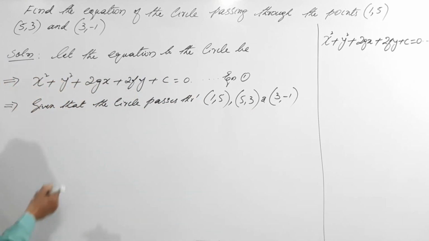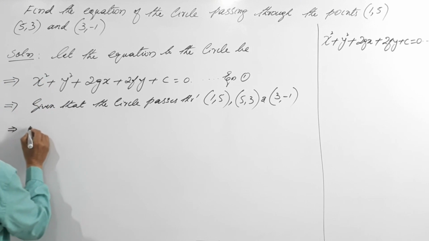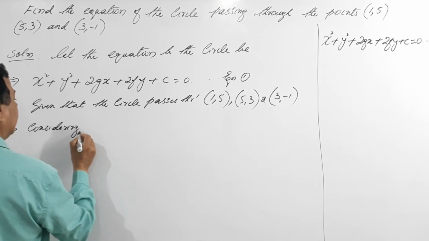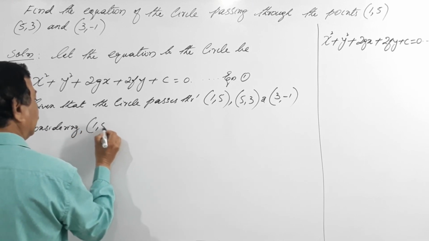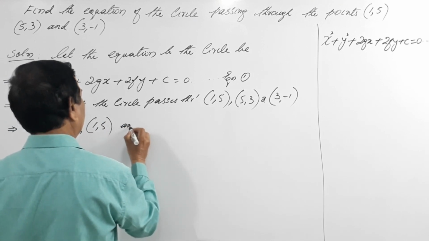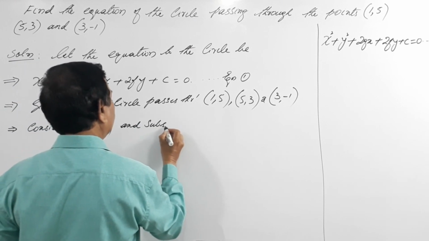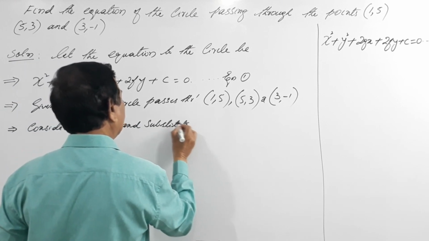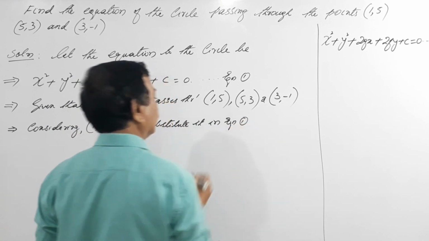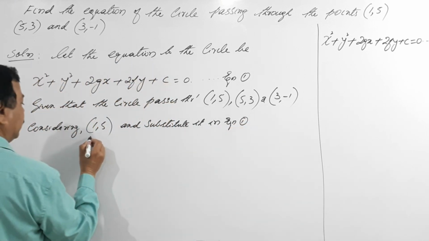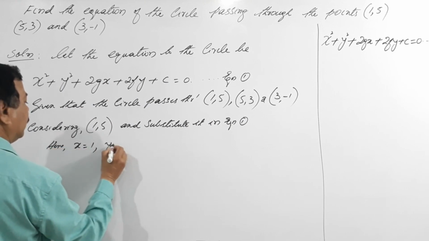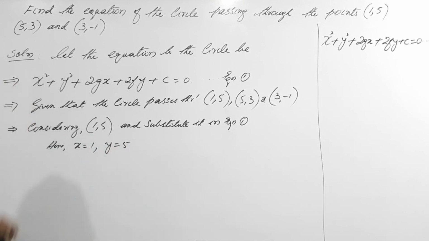Okay. So first, considering the point (1, 5), substitute it in equation 1. So here x equals 1, y equals 5.